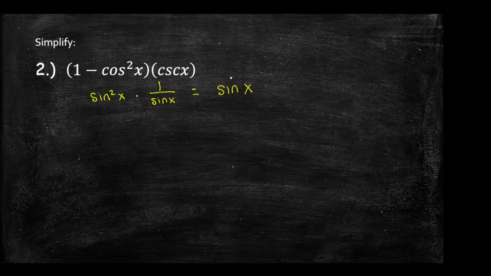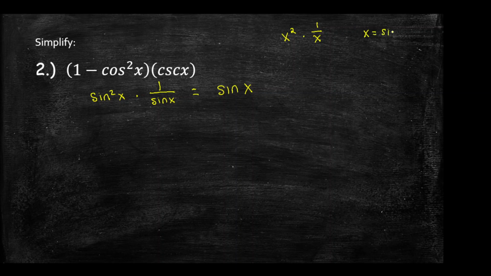Now, this is a good chance for me to explain one thing. Remember in regular factoring and regular multiplication, we took a value like x squared times 1 over x. And that x being a variable means it could represent anything, okay? In this case, x squared is just sine squared x, so this x is sine x.